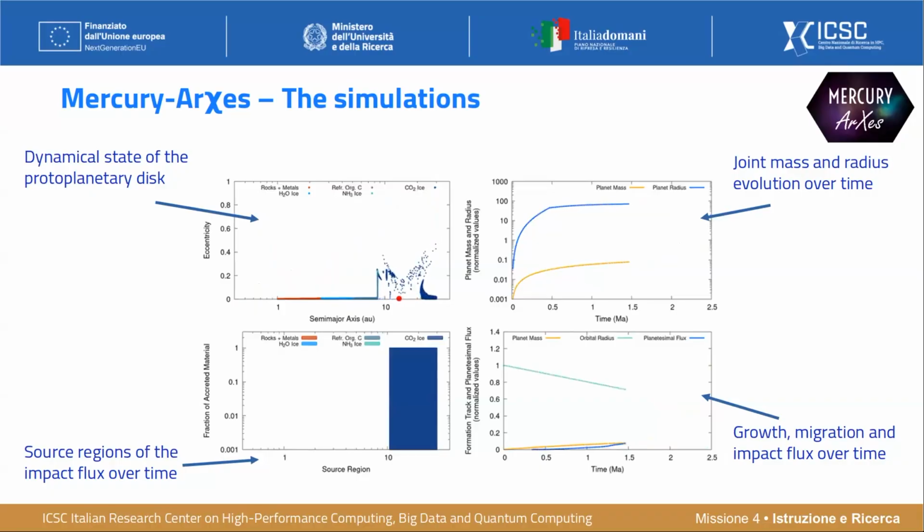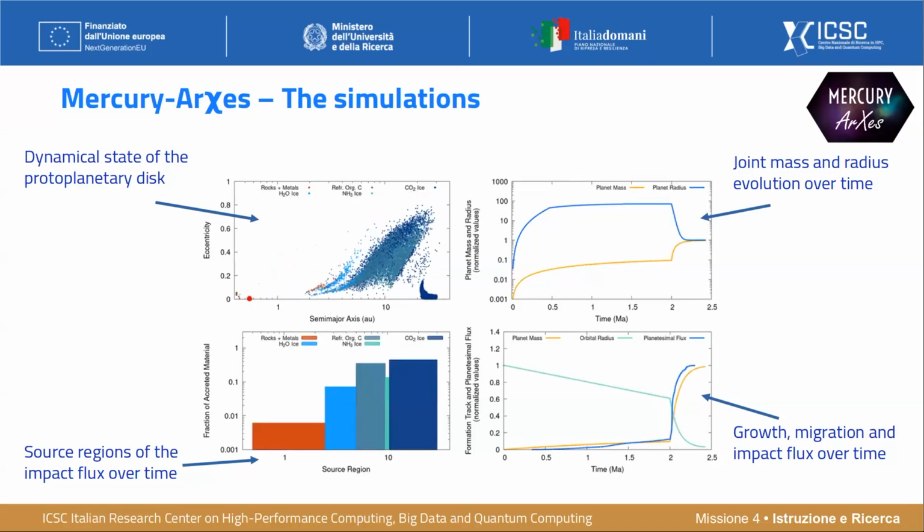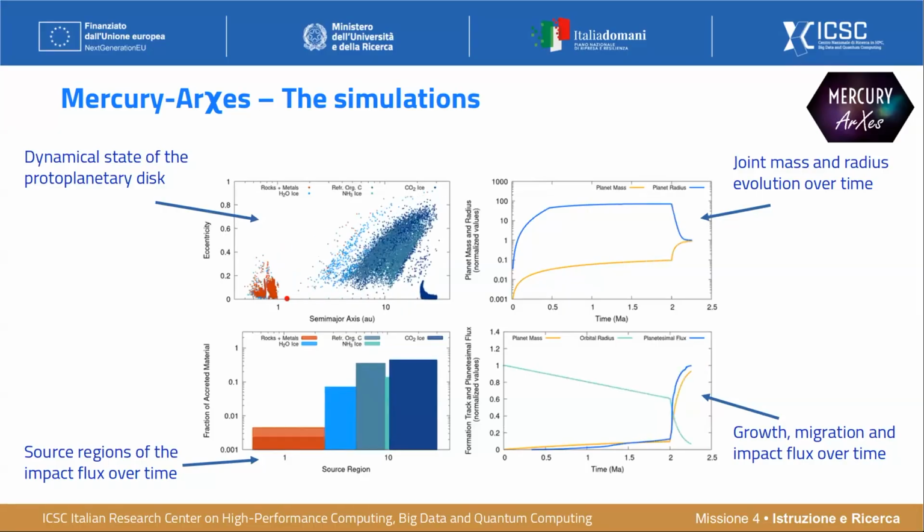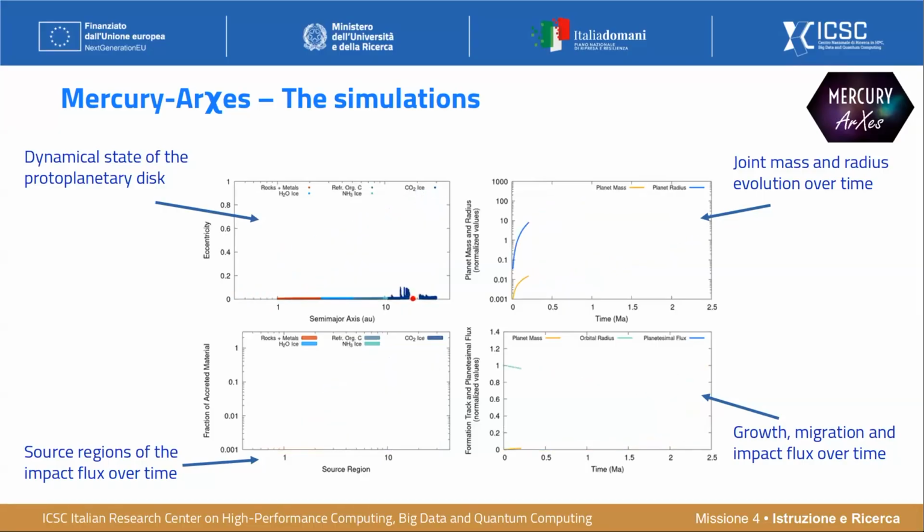Both curves are normalized to the final value, so they finish at 1, but you see that during the core growth, the planet is characterized by a huge radius, which influences its accretion efficiency.